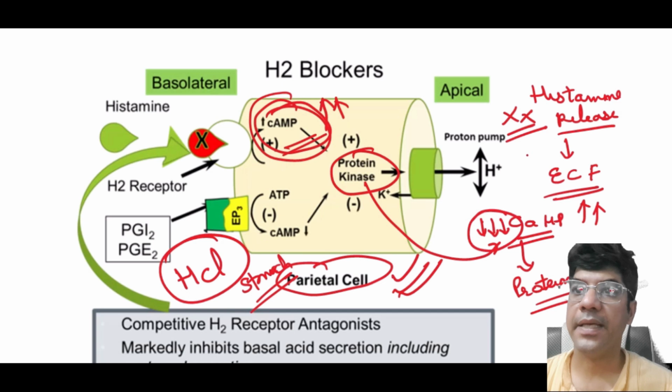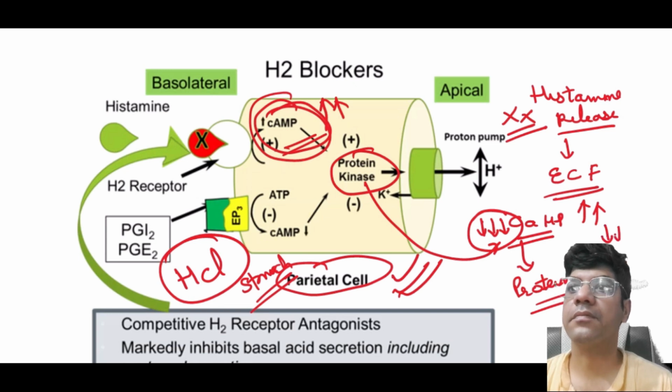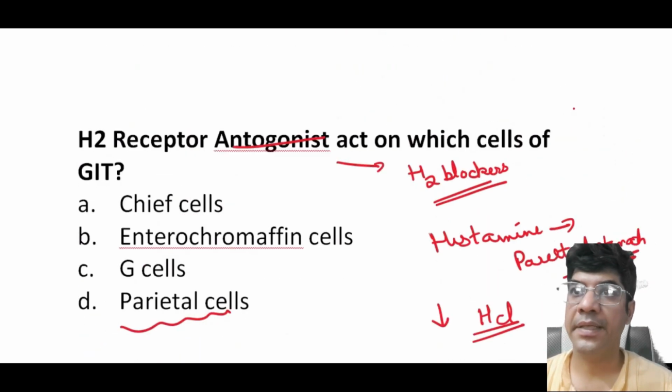And due to that, there is a decreased production of HCl. So for the question, the H2 receptor antagonists act on which cells of the GIT? The answer would be D, parietal cells.